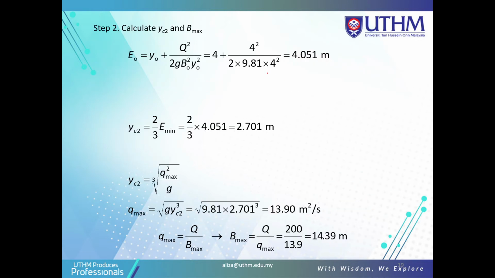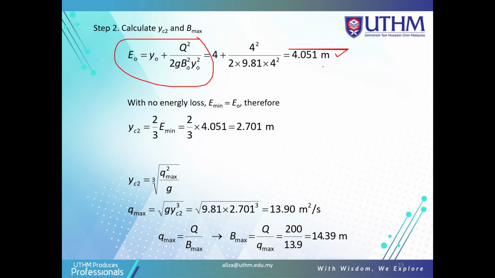Okay, so now we look at step 2. Calculate YC2 and B max. First, E naught using the specific energy formula. You just put the values in until you get 4.51051. Then at width B maximum, E2 is equal to E minimum, and Q is Q max.